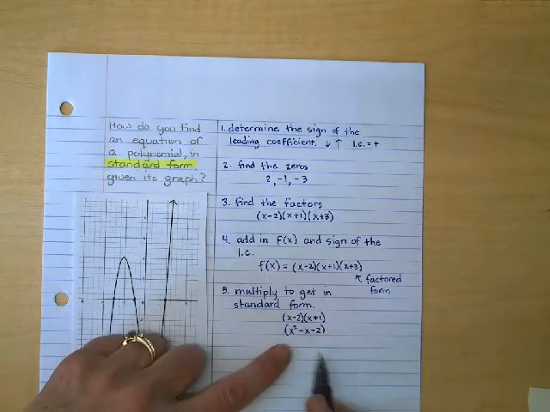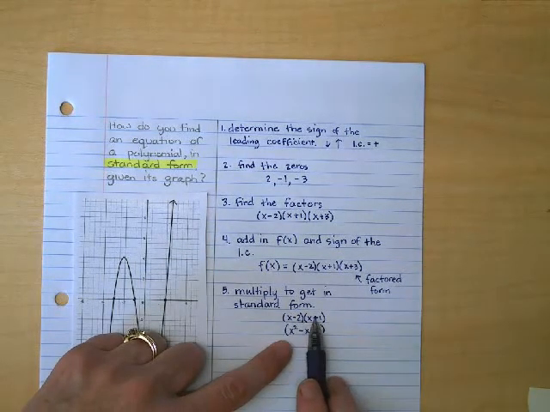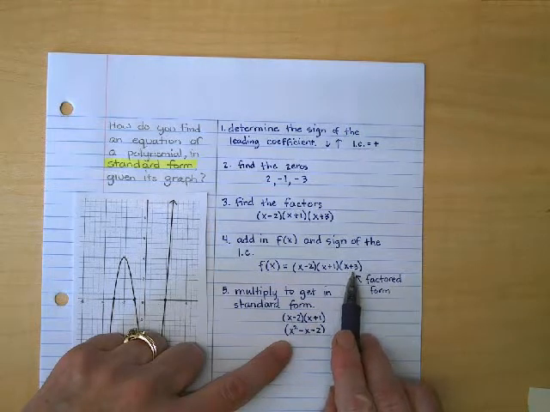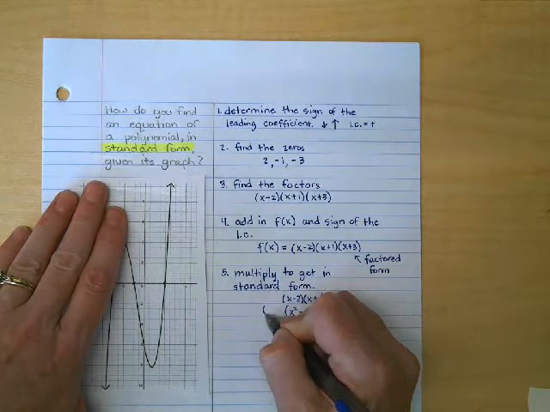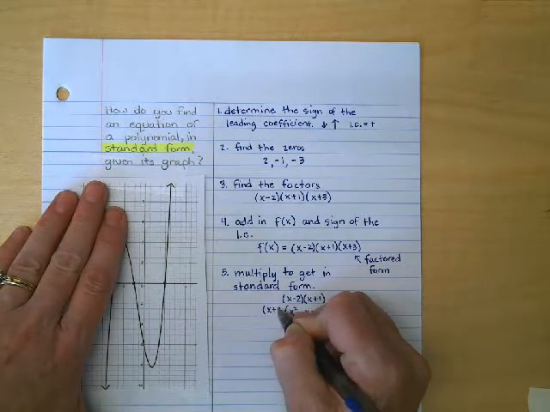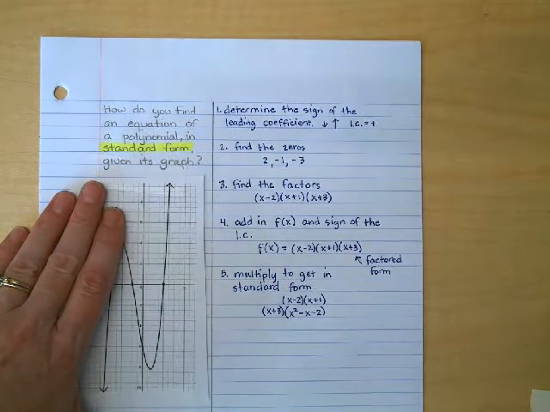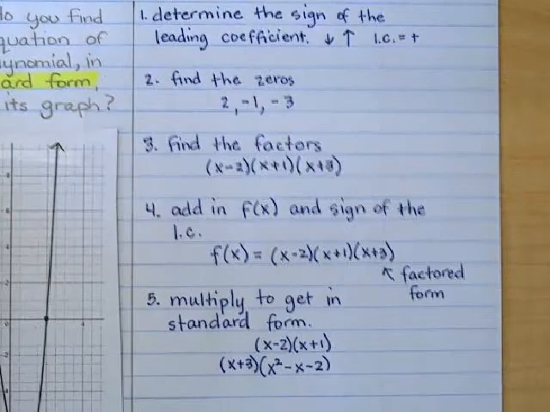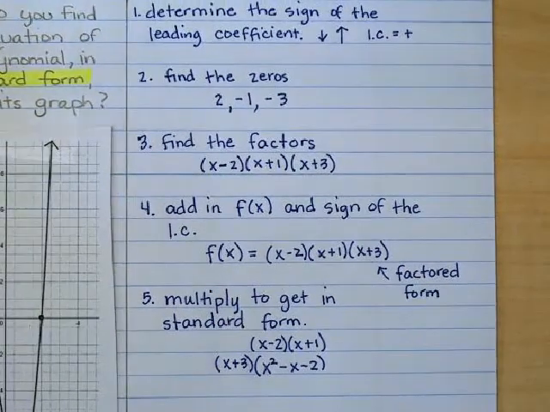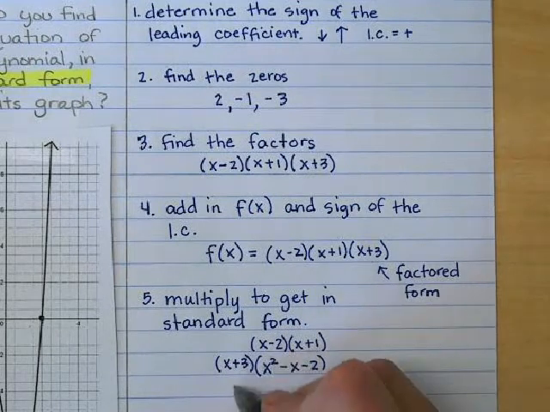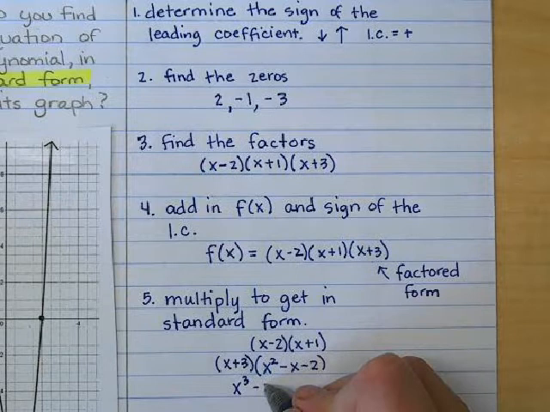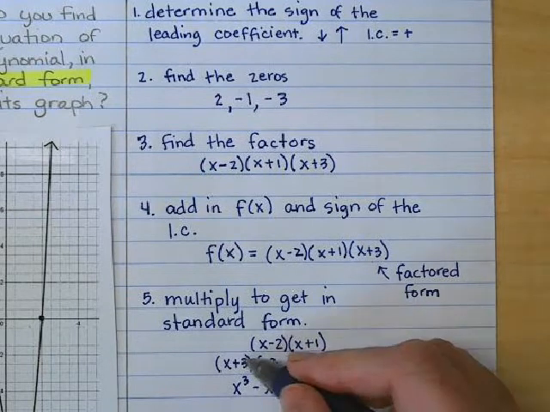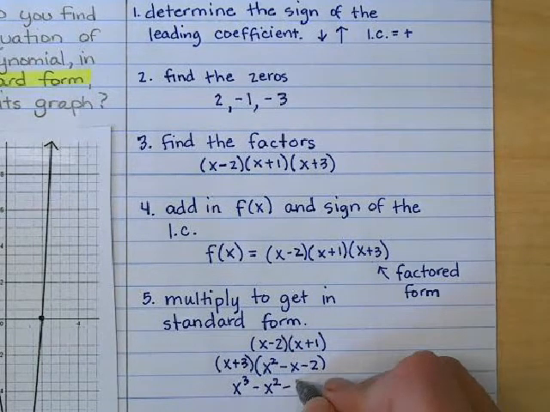Now I'm going to take my solution from that and multiply it by what I have left over, which is x plus 3. I like to put my x plus 3 up in the front. Let me make this bigger for you guys. Sorry, I should have done that earlier. x times x squared is x cubed. x times negative x is negative x squared. 3 times negative 2.